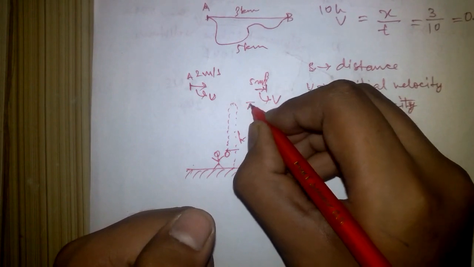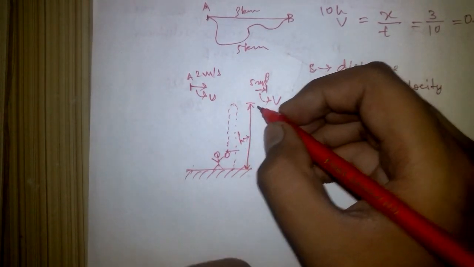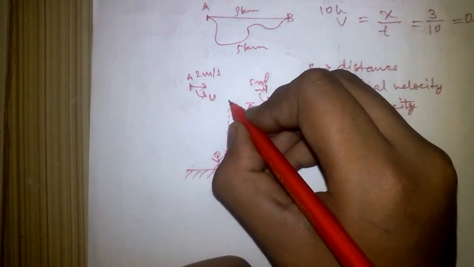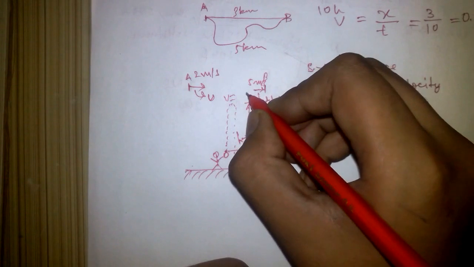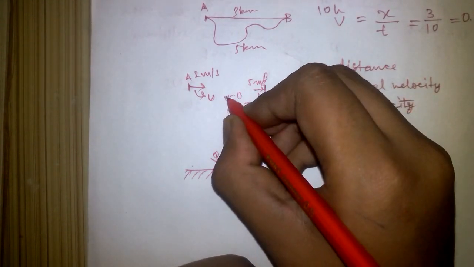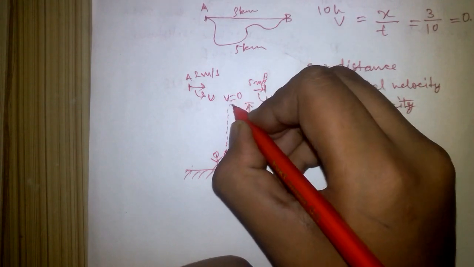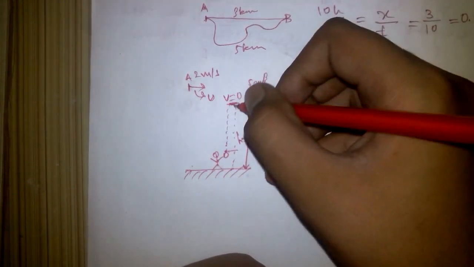So from here to here, distance h. Then what will be the initial velocity, do you think? Here the final velocity at the highest point is 0.